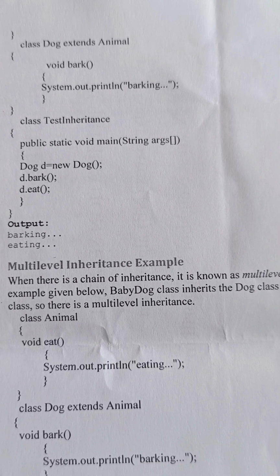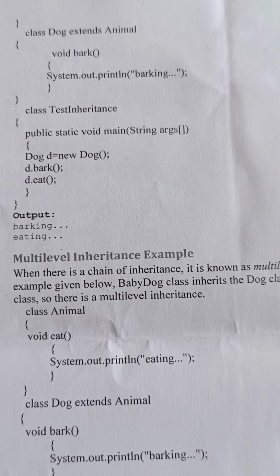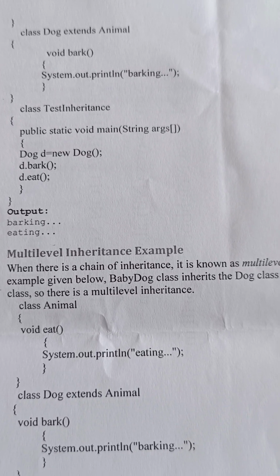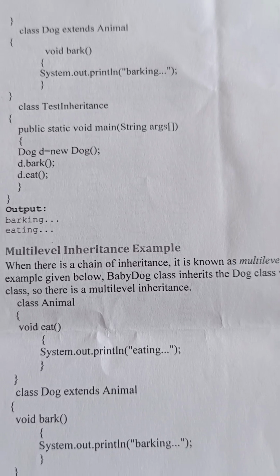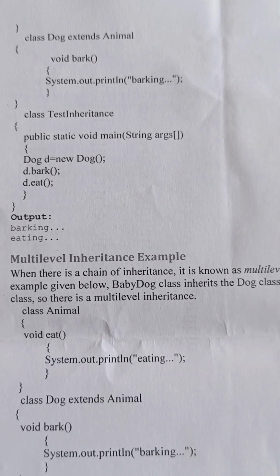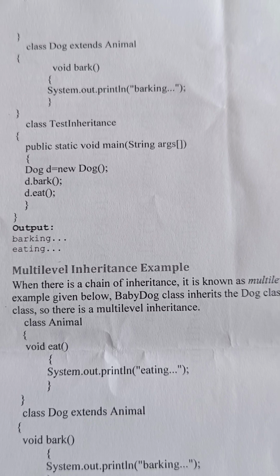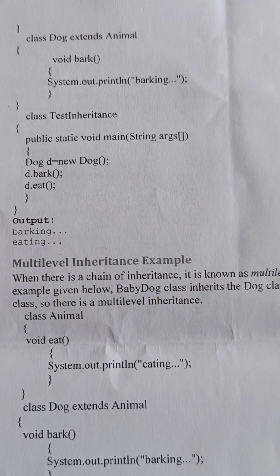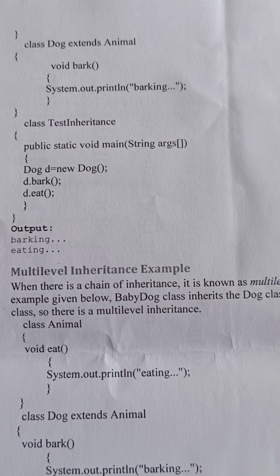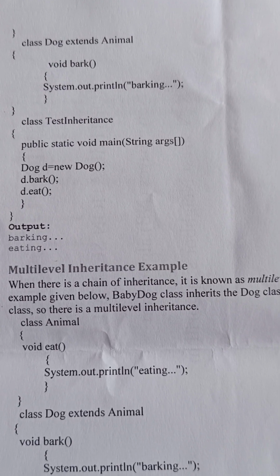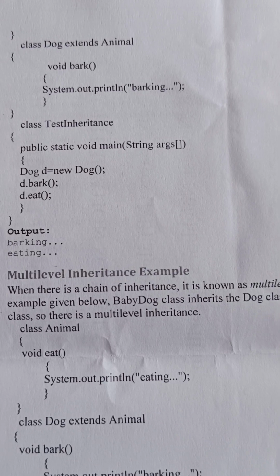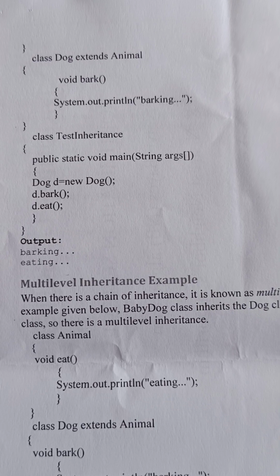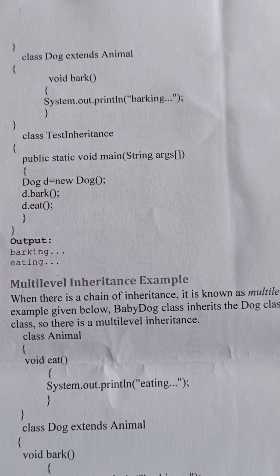By creating the object for the child class we are accessing the properties of the parent class. Example, d dot bark: bark is in the child class, so there is no problem. And d dot eat: the eat method is present in the parent class, so we are accessing it by using the child object. So this concept we call inheritance.